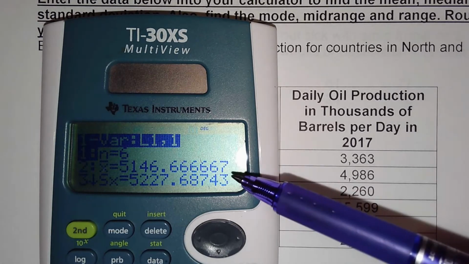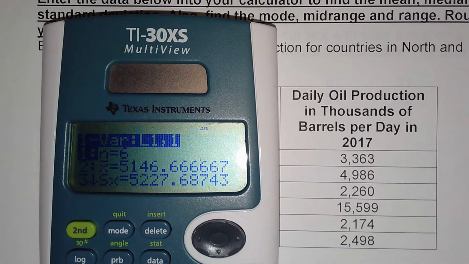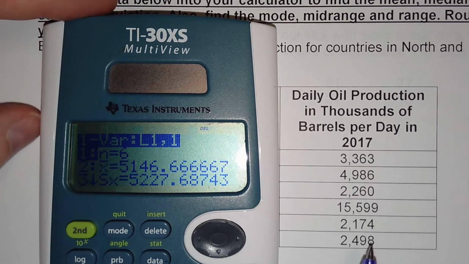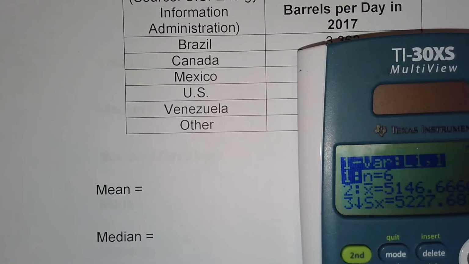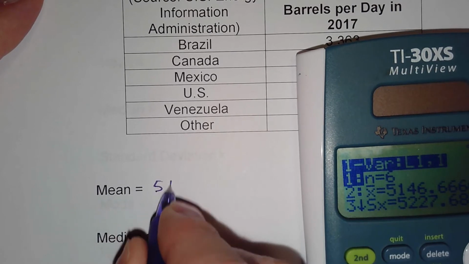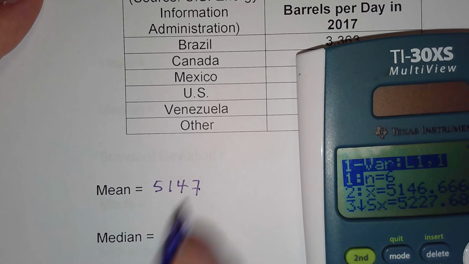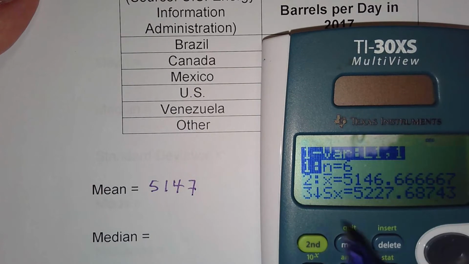So the mean is on line 2. And let's just go ahead and round those off to the nearest whole number. Standard deviation, and for this textbook we're always going with line 3.